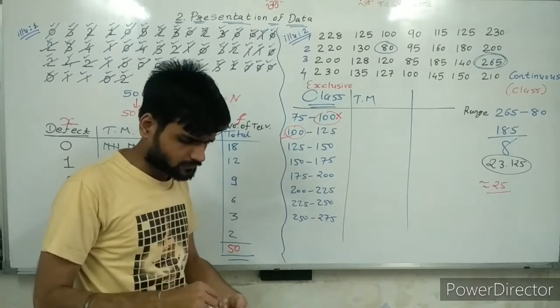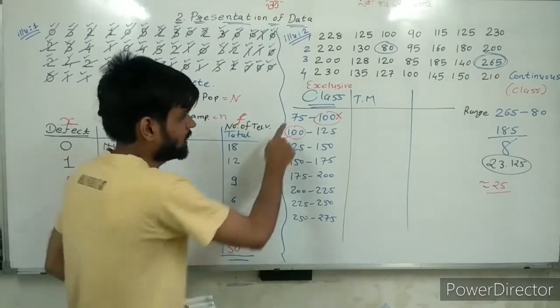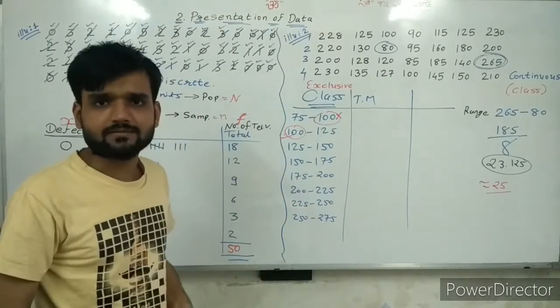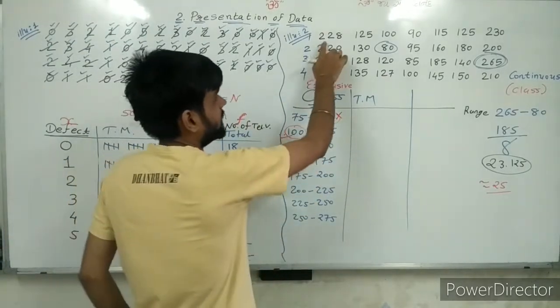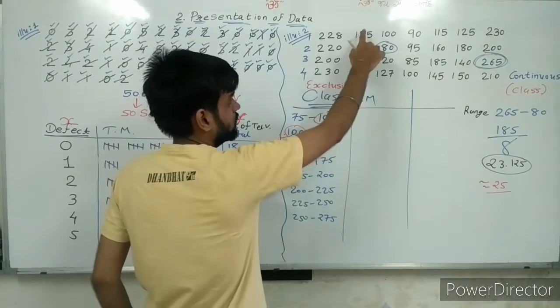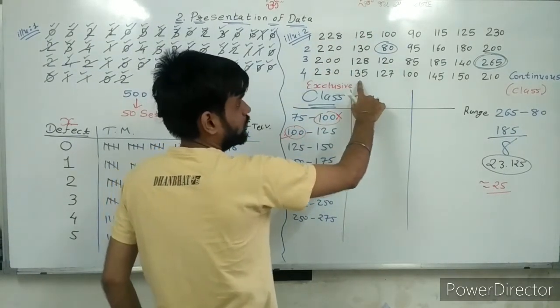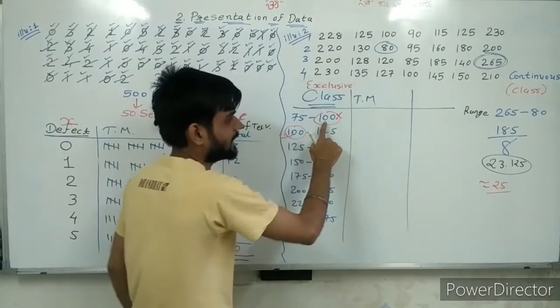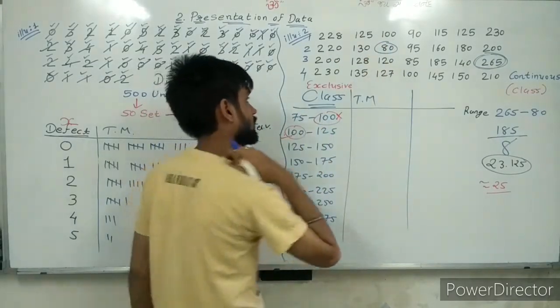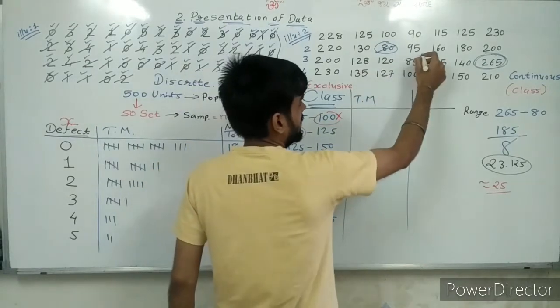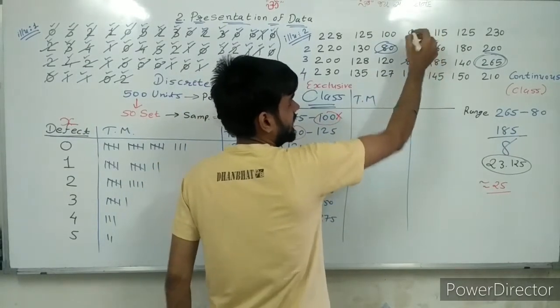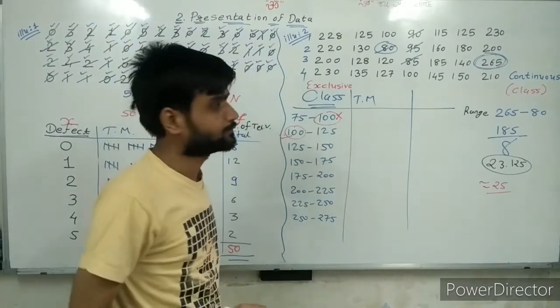Now 75 to 99, those values we are taking here. So see, 80, yes sir, 1. 85, 2. 95, 3. 94, 4.